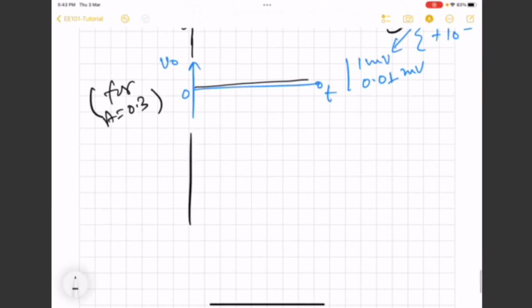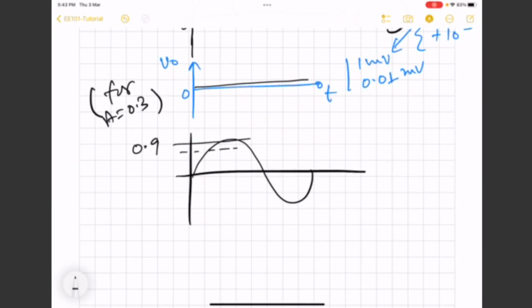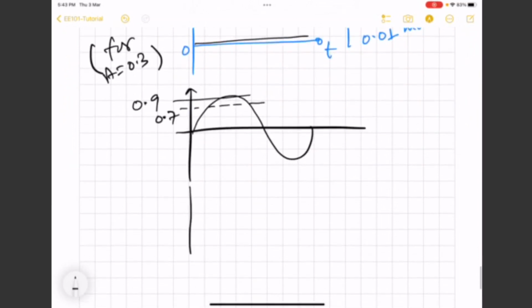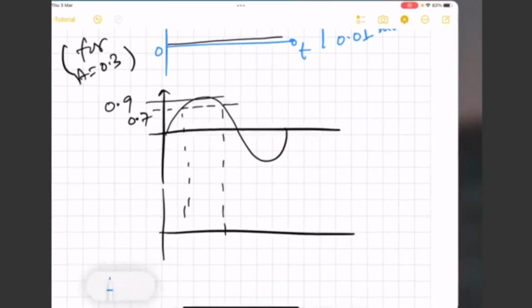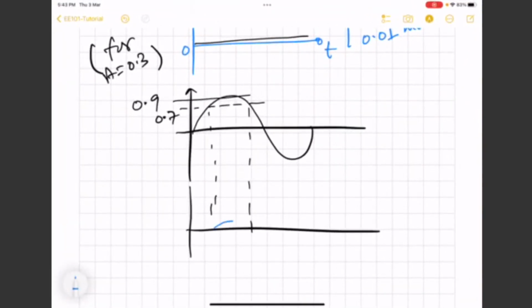So even if you have, say, this kind of input, and this is, say, 0.9, so 0.7 will be here somewhere. So that means now you are going to get an output which will be like this, and it will be 0 for this portion, 0 for the remaining portion of the positive half, and the entire negative half.